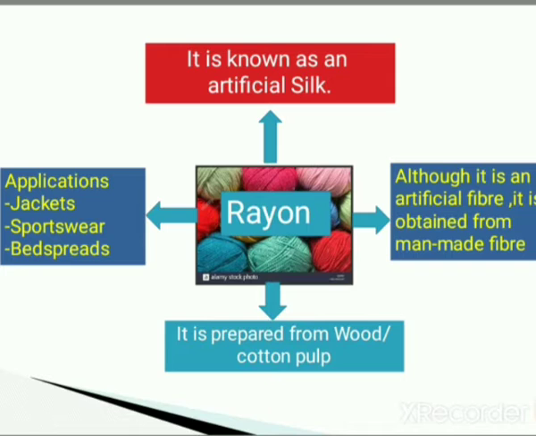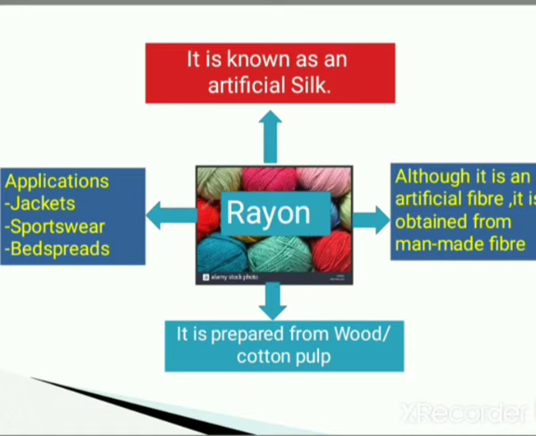So it is quite cheap silk. It looks like silk, but it is not silk, alright? So that is what Rayon is. The uses of Rayon are like it is used in making jackets, sportswear, bedspreads, etc. These are the areas where Rayon is used.